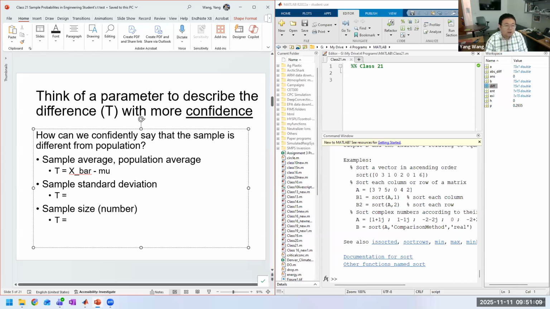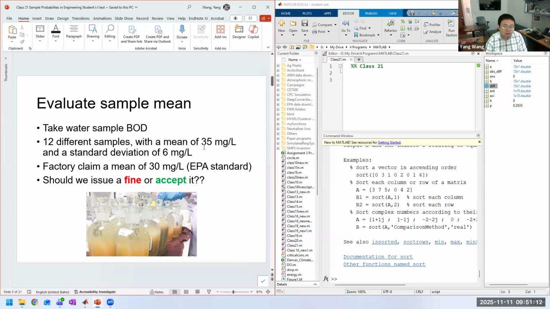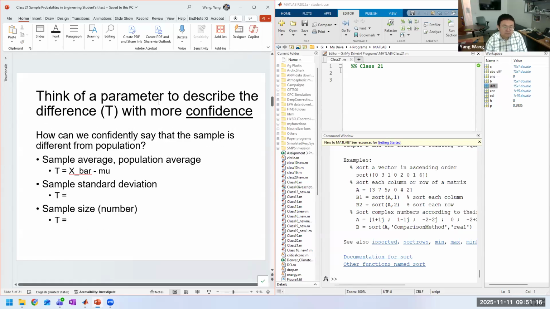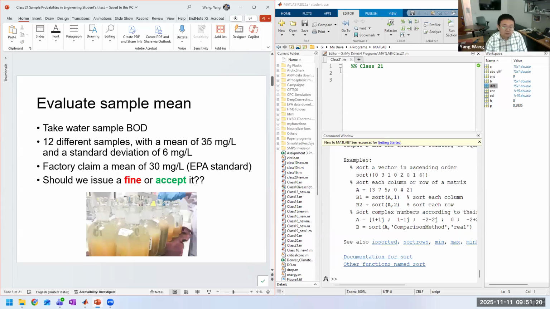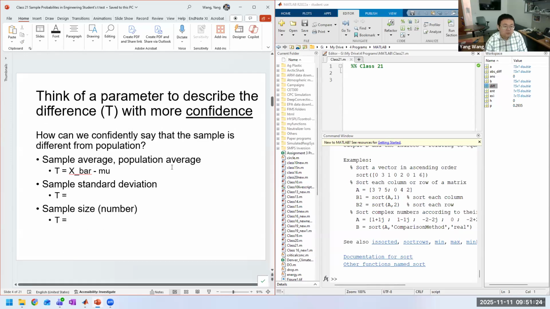So for example, if we're thinking about the sample that we took here, then this t value, this difference, this parameter, would be 35 minus 30, which is 5. So this is the first parameter we can think of, and we call this parameter t.